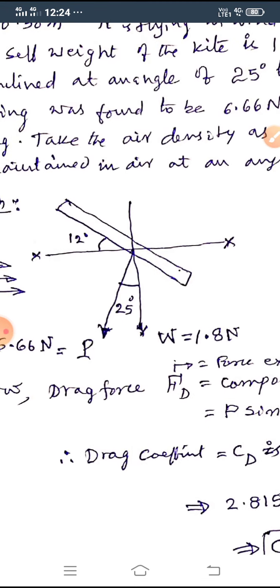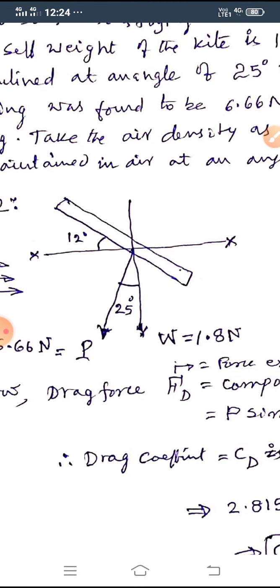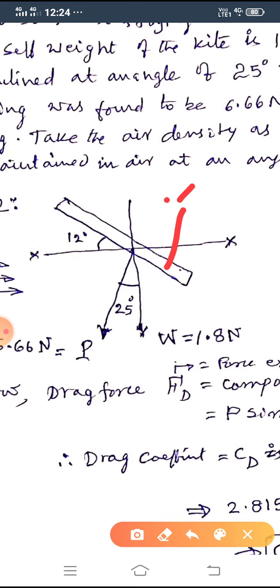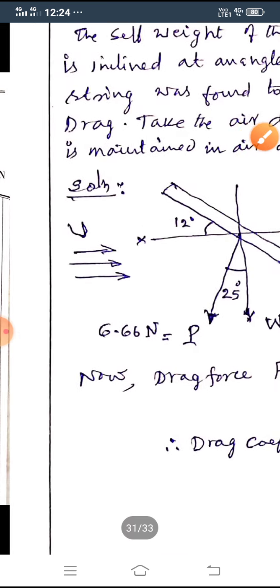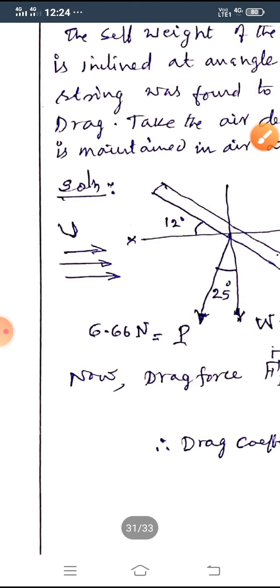So let us analyze. This is the kite, for example. This kite is kept at 12 degrees to the horizontal with respect to xx, let us say. Then let us assume u is the velocity of fluid which is flowing in the direction of xx.